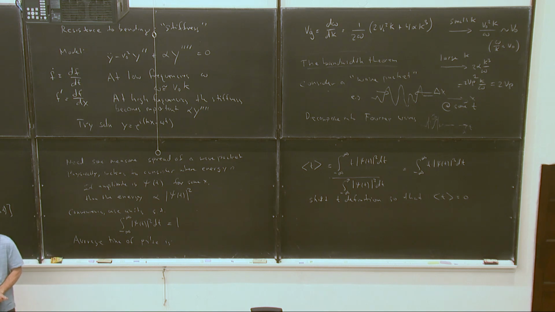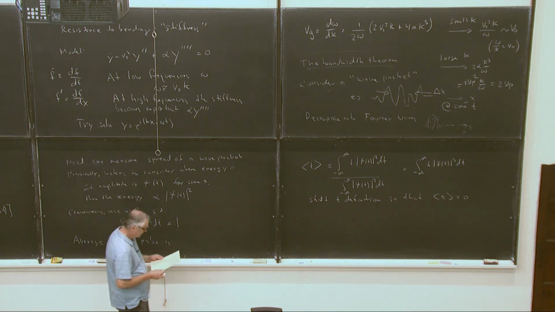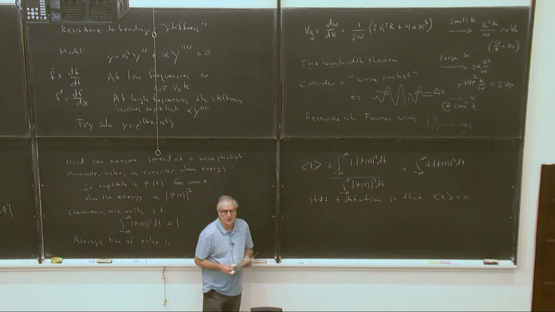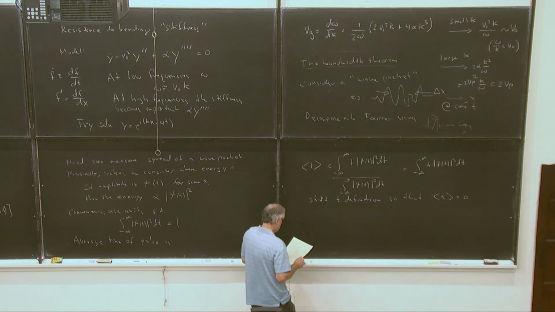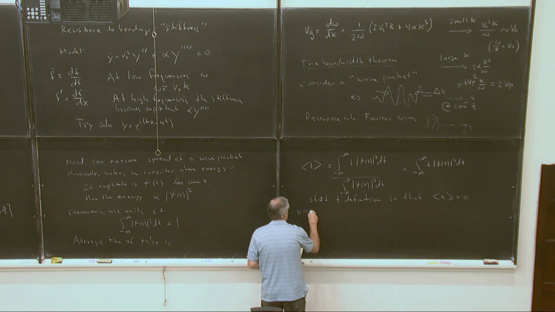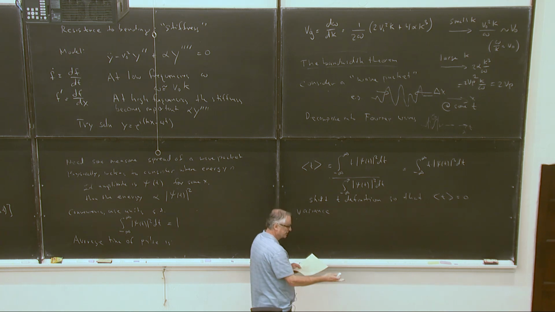So you may be wondering why I'm doing it. I want to calculate the spread. Well, for the spread, a natural measure of the spread of some function is its variance, or the square root of the variance, which is the standard deviation. And so let me do that. That is, I'm going to take the RMS spread, the root mean square deviation from the mean. So the variance is just the square of that root mean square, so the variance is just the mean squared deviation.